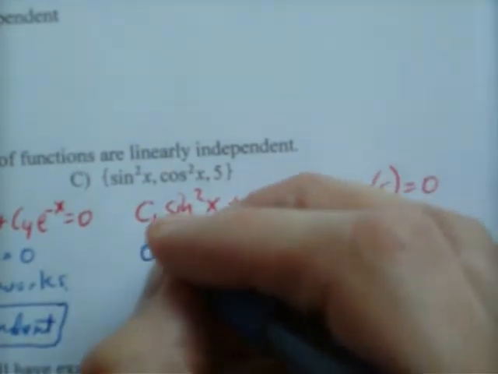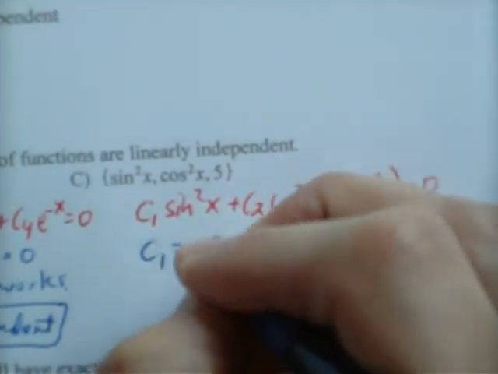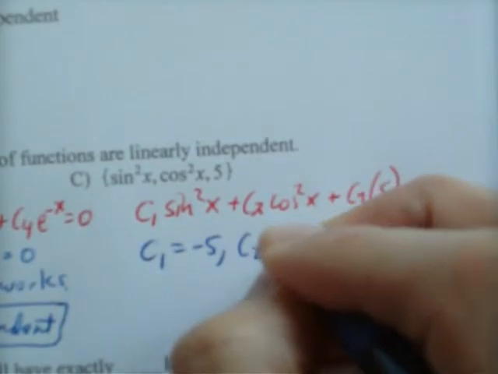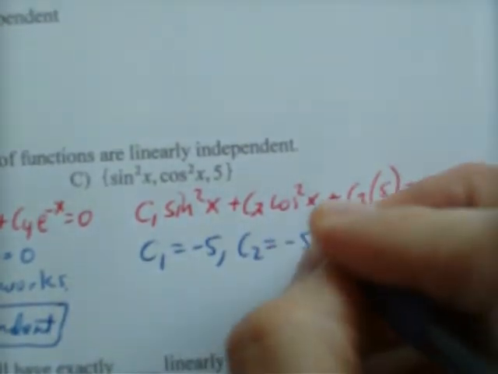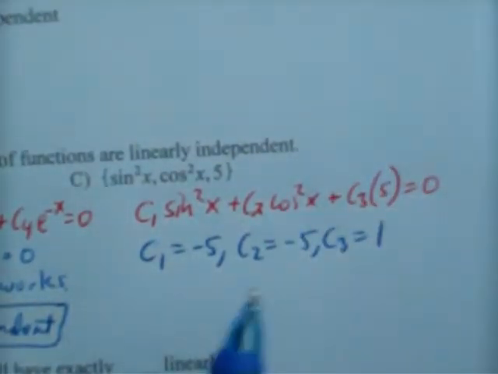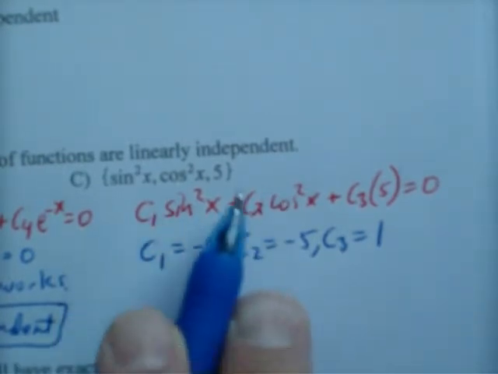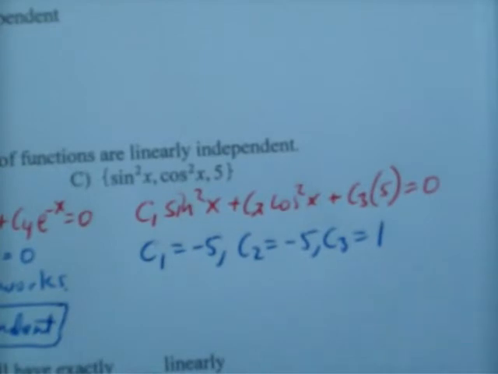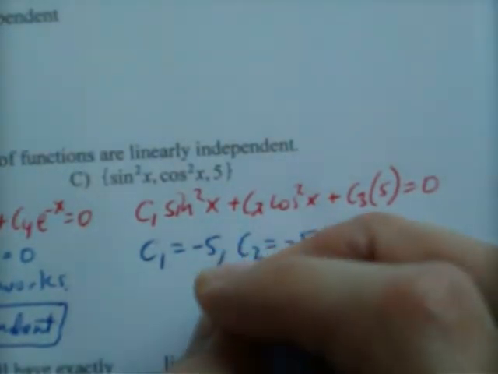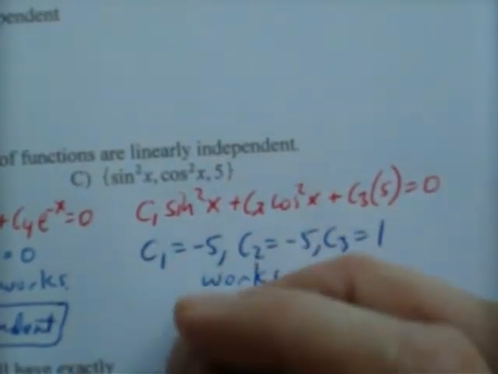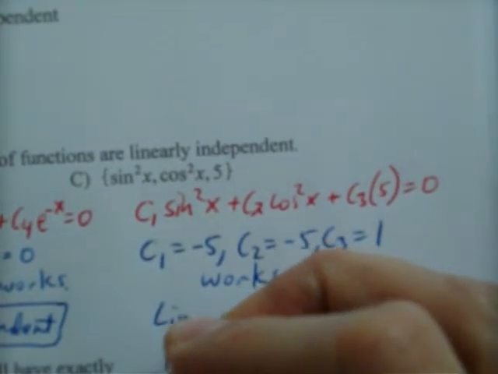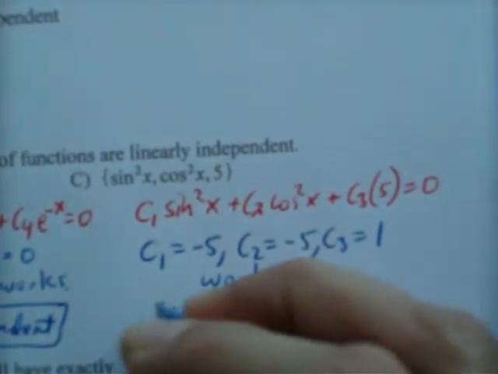Namely, I could let c1 be equal to -5, c2 be equal to -5, and c3 be equal to 1. Then I'll have -5 sine squared minus 5 cosine squared, add that up, and that's -5, and then over here I have +5, that is 0, so that works. So this again would be an example of a set of functions that's linearly dependent.